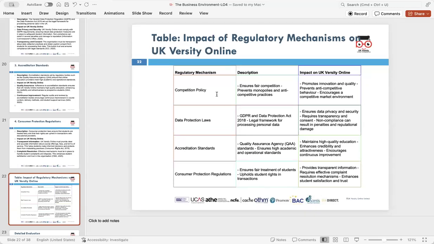Next is accreditation. These standards set by bodies like the Quality Assurance Agency, or QAA, ensure that online education providers meet high academic and operational standards.